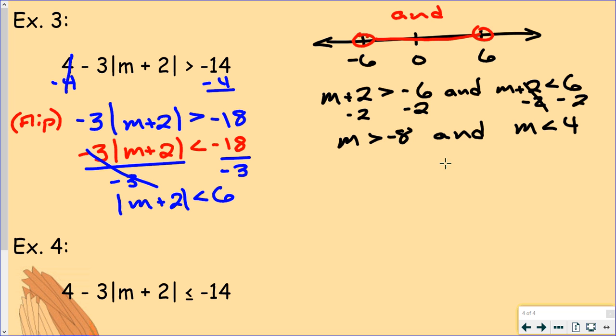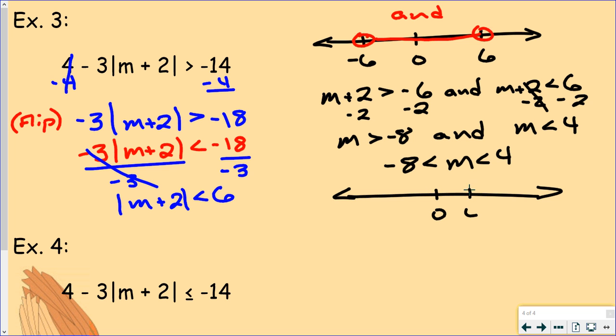So remember, you can rewrite this as m greater than negative 8. You can only do this with an and, less than 4. So if you were to graph this, put 0, put 4, negative 8. These are open circles, and you would shade in between.